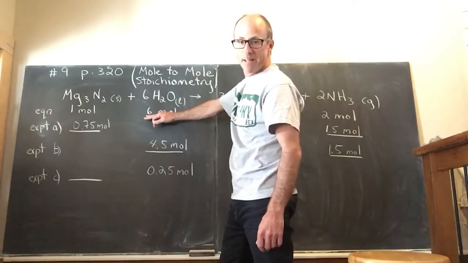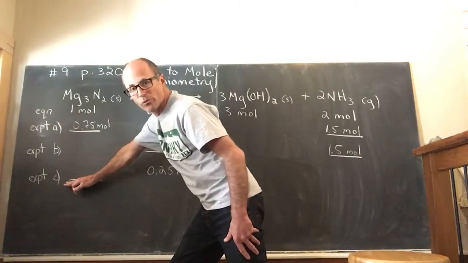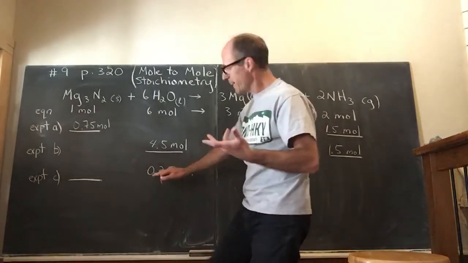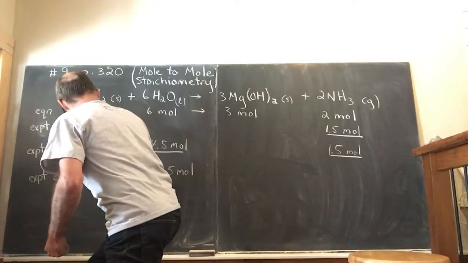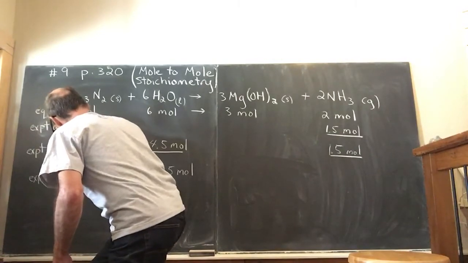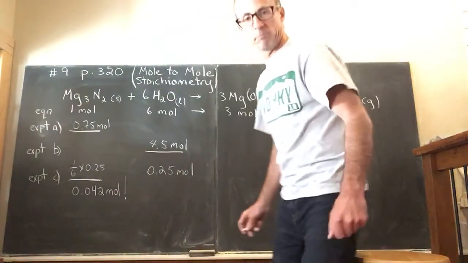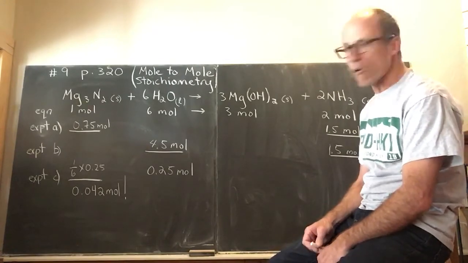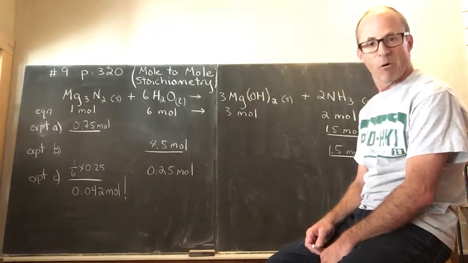So in your head, hopefully you're saying to yourself, I need 1/6 as many moles of this stuff as this stuff. So at the end of the day, that's what we put in. 1/6 times 0.25 ends up being about 0.042 moles of magnesium nitride. And the calculator can do that for you. So that's all there is to it with the mole-to-mole calculation. It's that easy. Hopefully that helped.